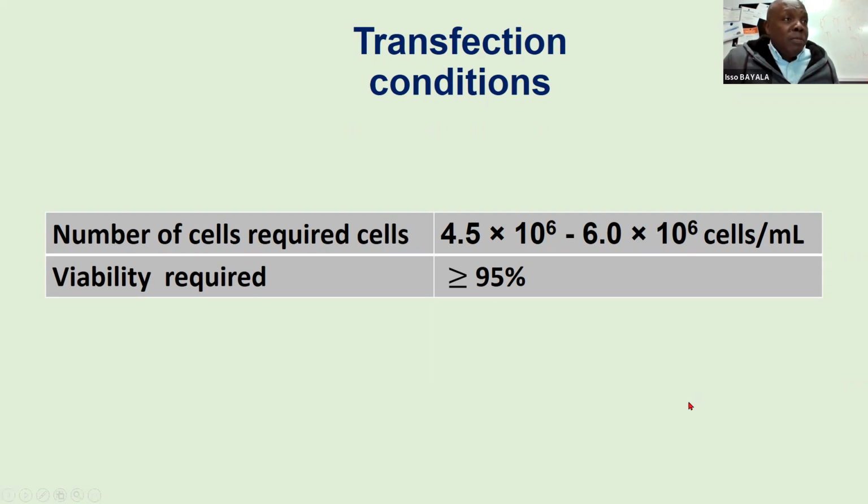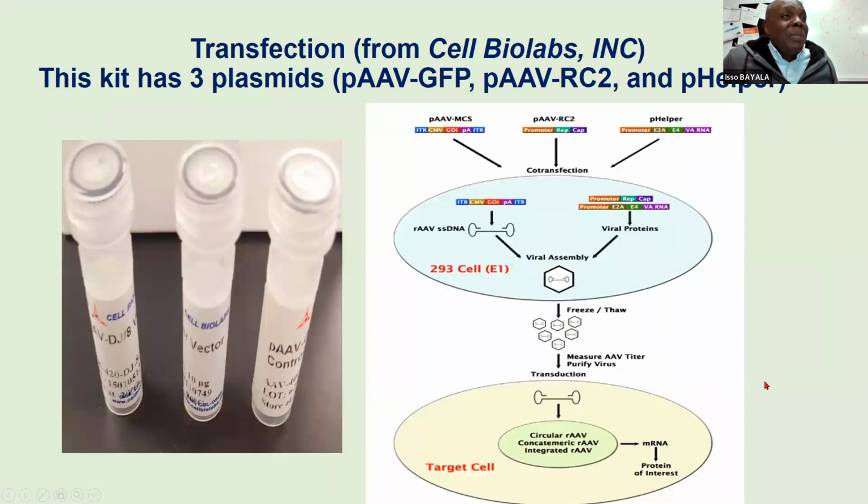Then we did the transfection. 3 plasmids are used to transfect the cells, and we purchased those plasmids through Thermo Fisher from a company called Cell Biolabs. So it's ready to go. There is a procedure. We mix the 3 plasmids, then we transfer everything into the shaker flask together with the cells.